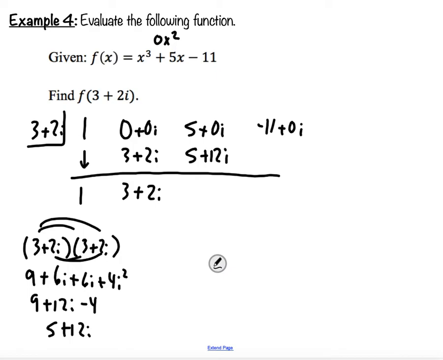So now we can add them together. We get 10 plus 12i, multiply by what's in the box. Go ahead and take 10 and distribute it through.